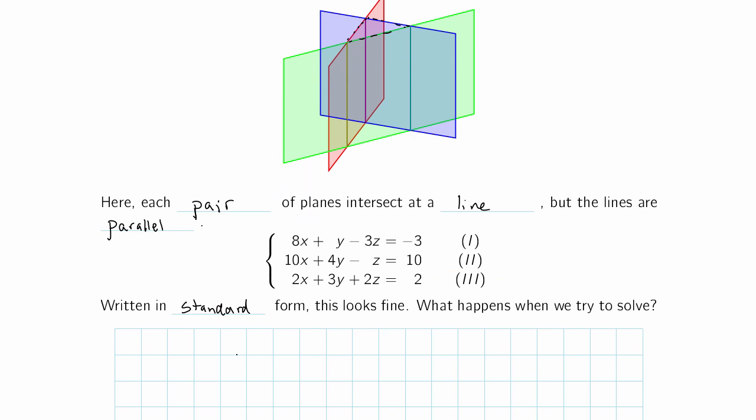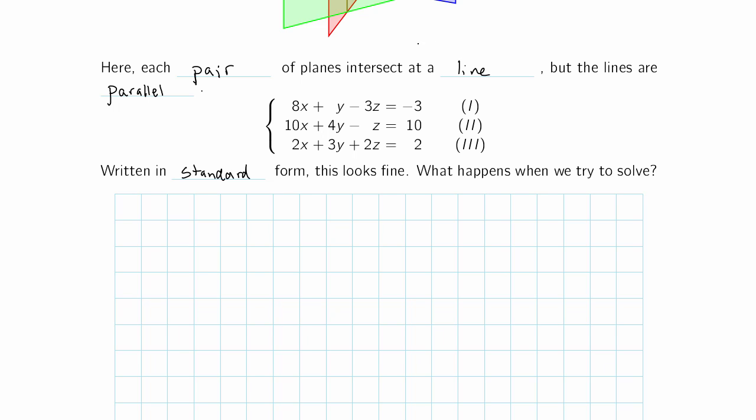So I'm going to try to solve this system. And I'm looking at the variables. I need to decide which one I want to eliminate first. I'm not going to use x because that has all different numbers for its coefficients, but y and z both have coefficient 1. I'm going to choose to eliminate y.